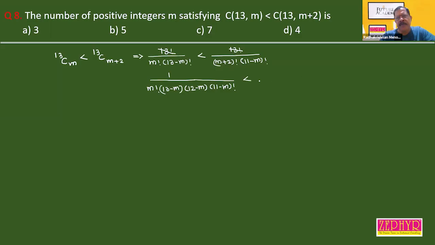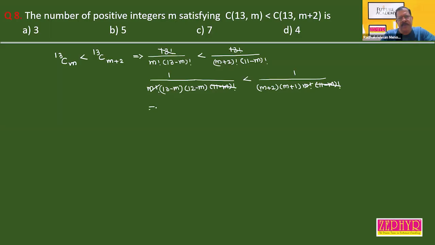And RHS, (m plus 2) factorial I am writing as (m plus 2) into (m plus 1) into m factorial, and (11 minus m) factorial also. Here again, m factorial is getting cancelled and (11 minus m) factorial also is getting cancelled.